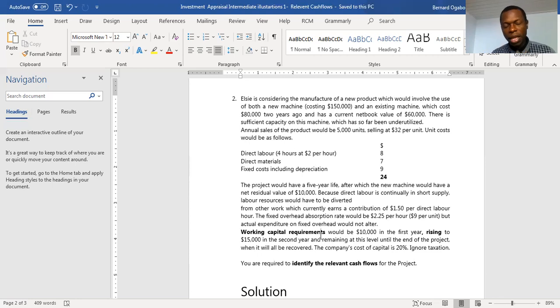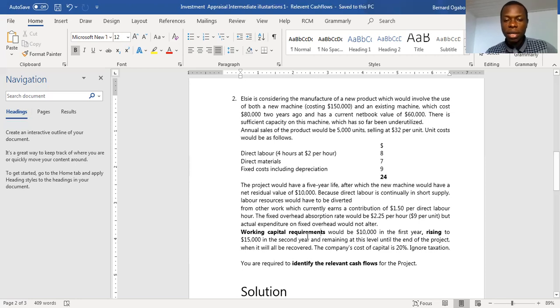For instance, if cash flow, either inflow or outflow, is assumed to have occurred at the beginning of year 2, we assume that it occurred at the end of year 1. And then for working capital, generally, working capital is assumed to have arisen in the previous year.